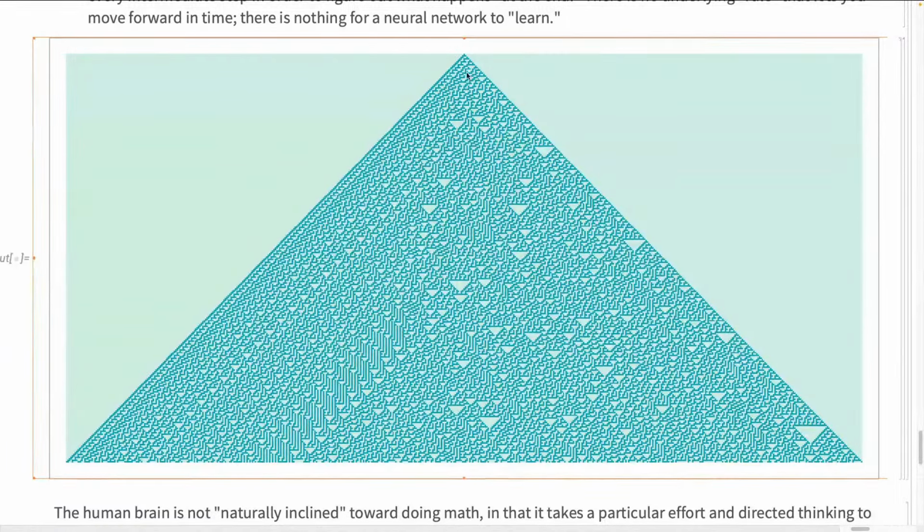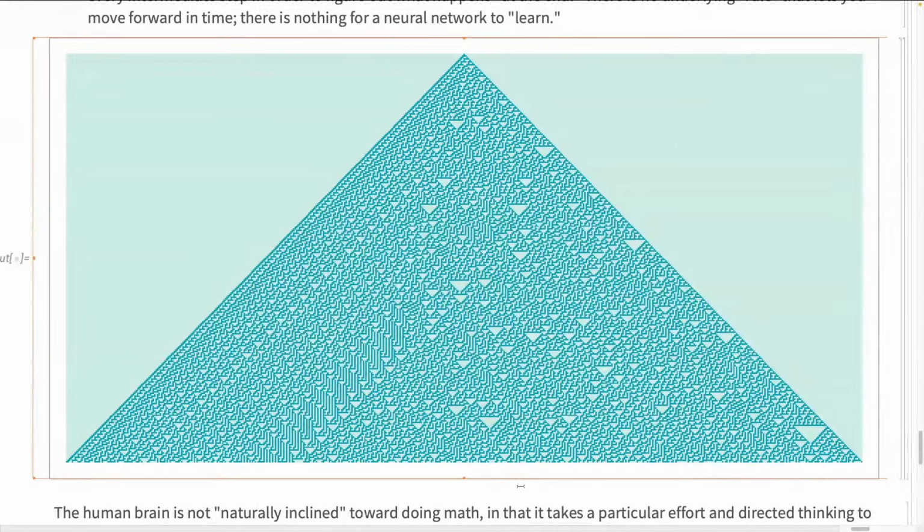We can't say, okay, we're starting from one blue pixel in the middle, and we're going to run for however many steps, and then that's what that row is going to be like. There's no way to do it. We have to go from this step to the next step to the next step to the next step. We have to follow every single step along the way.